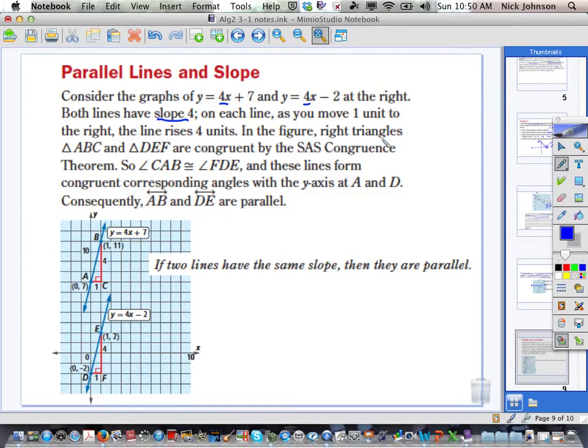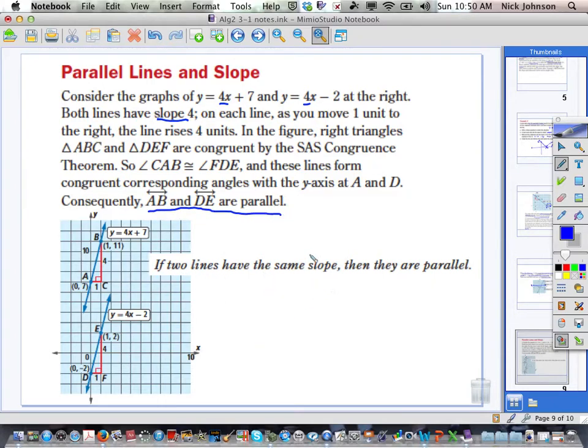In the figure at the right, triangles A, B, C and D, E, F are congruent by the side-angle-side congruence theorem. So angle CAB and angle FDE, and these lines form congruent corresponding angles with the y-axis at A and D. Consequently, line AB and line DE are parallel.